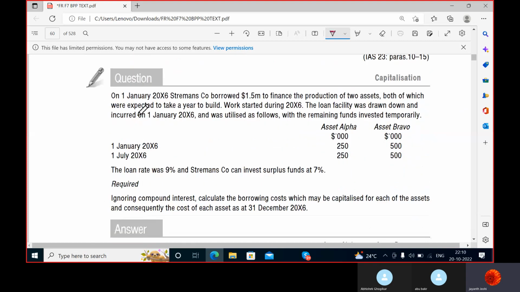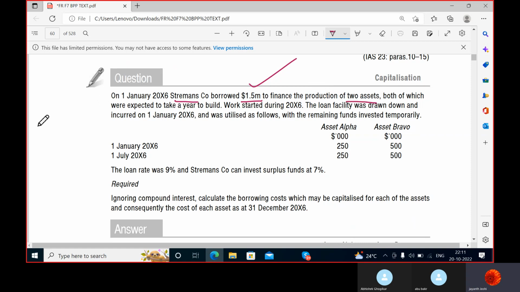Now there's a question here. Please read this. I'll explain how the capitalization happens. On 1st Jan 2006, Streeman's company borrowed $1.5 million to finance the production of two assets.